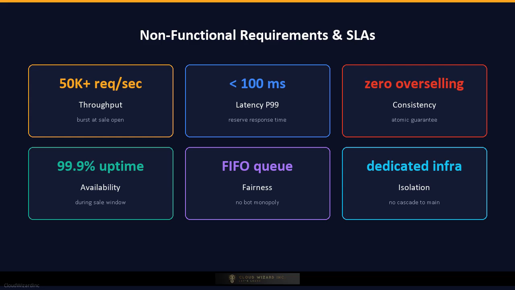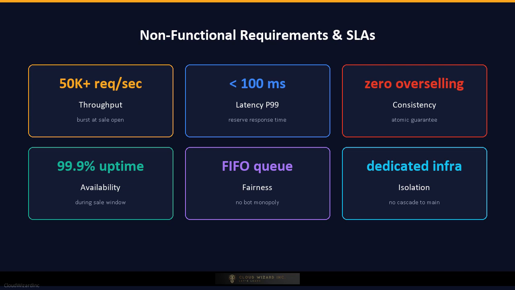Now the non-functional requirements. Throughput is the top constraint. The system must handle 50,000 or more requests per second at peak burst without degrading. Latency must be low. An add to cart or buy now response should complete within 100 milliseconds at the 99th percentile, so users feel immediate feedback. Consistency is critical for inventory. The system must guarantee that the sold count never exceeds the total stock, even under concurrent writes.